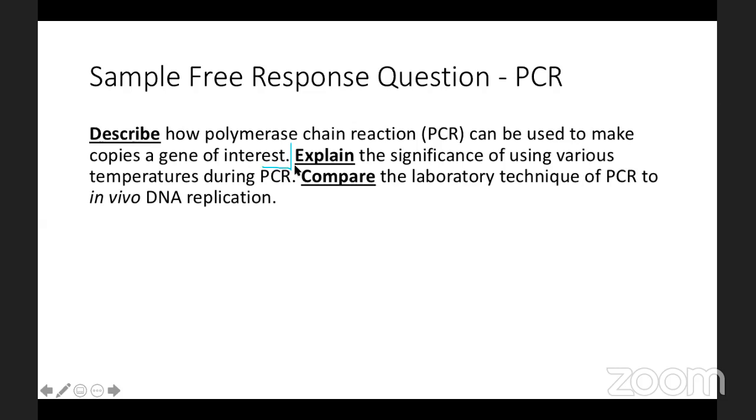So the first task I need to do is describe PCR and how we're using it to make a gene of interest. The next break for me is explaining the different temperatures and why they're significant. And then the last break for me, when I'm organizing my answer, is to compare PCR to in vivo replication. So there are three tasks really that I need to focus on for my answer, right?